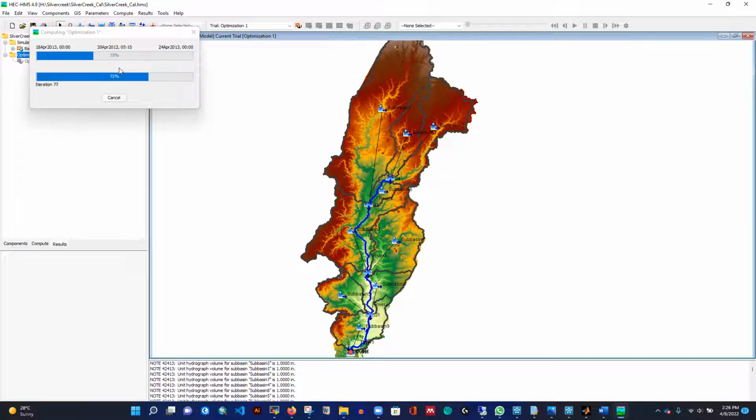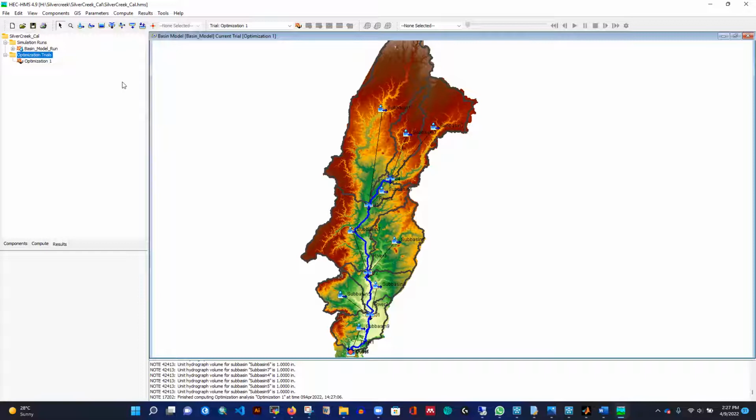Like first use the automatic calibration, get the parameters, then use them in your model, and then change the parameters manually, and then check it. And again, you can even run your automatic calibration. Both ways you can do that. That will give you more accurate results. But for the sake of time, I'm not going to make the video longer, so we are done. So that's why I'm just running it.